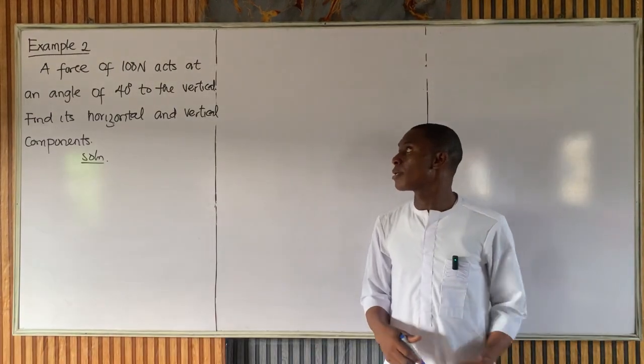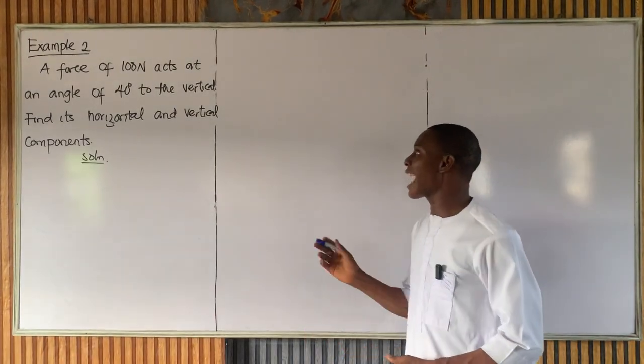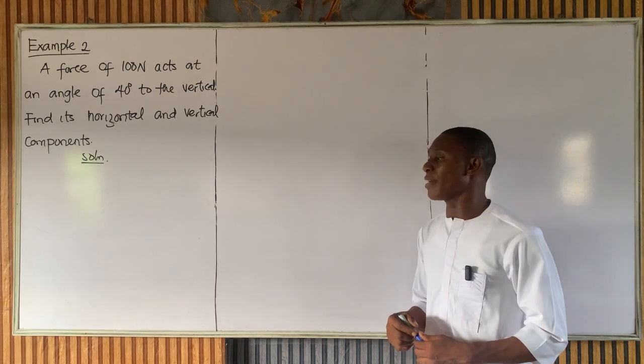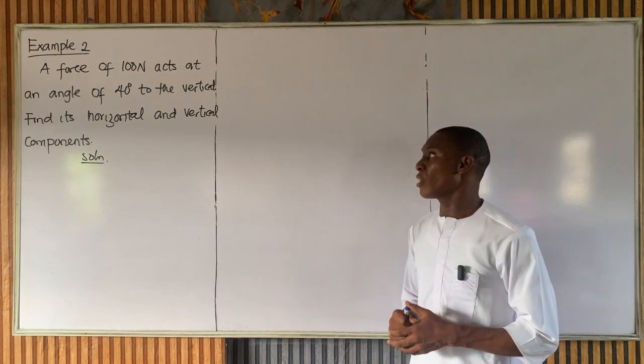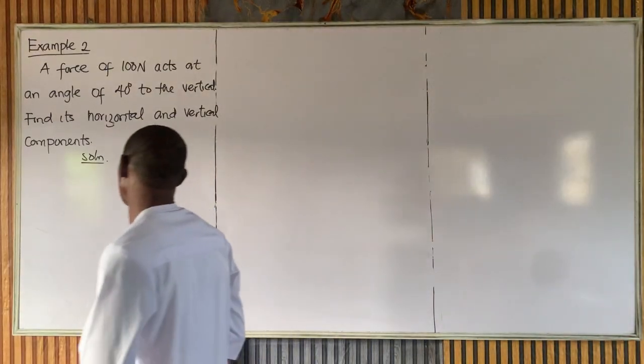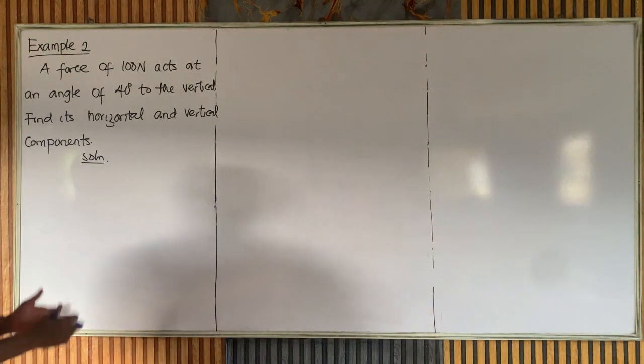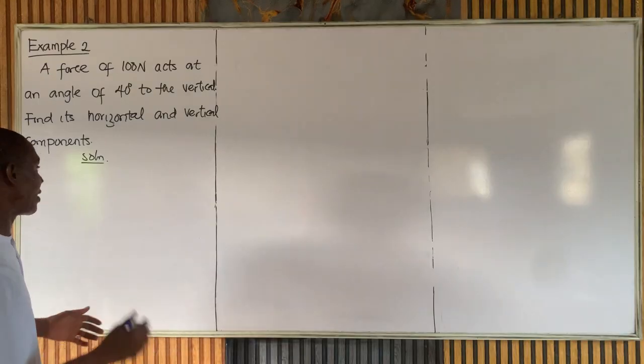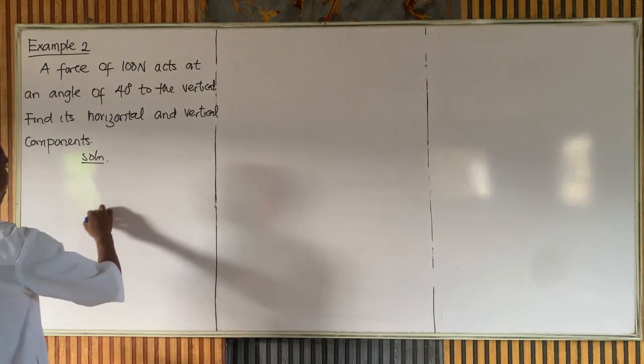Example 2. A force of 100 Newton acts at an angle of 40 degrees to the vertical. Find its horizontal and vertical components. Again, we need a sketch for this question. Not necessarily, we can solve without the sketch, but it's good we sketch.